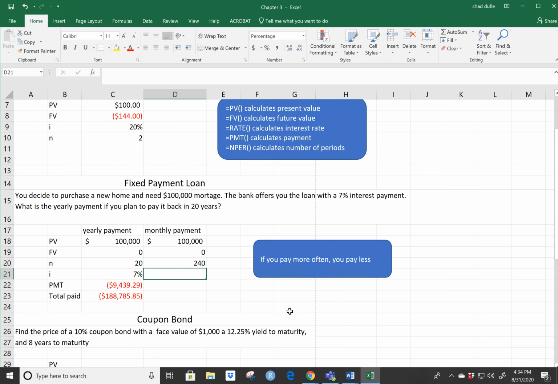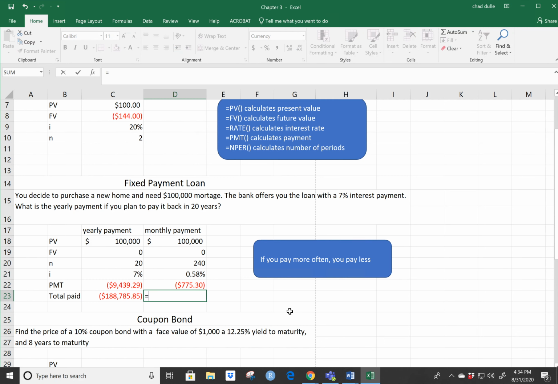So we'll take this and divide by 12. Same thing here, payment function. So you're paying $775 a month.